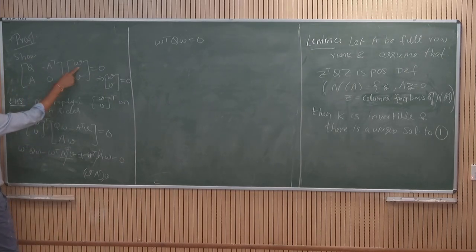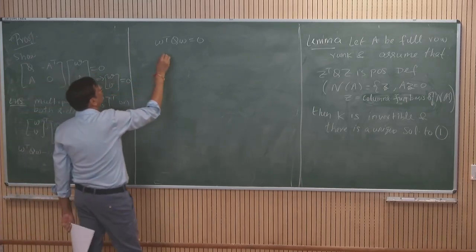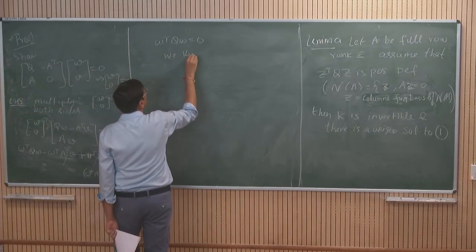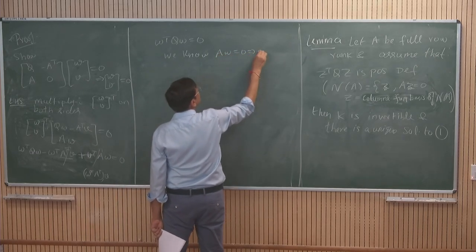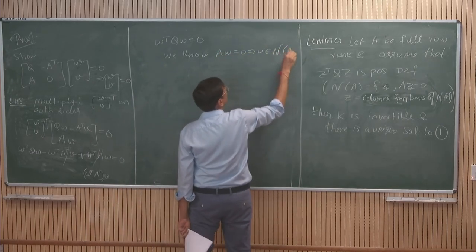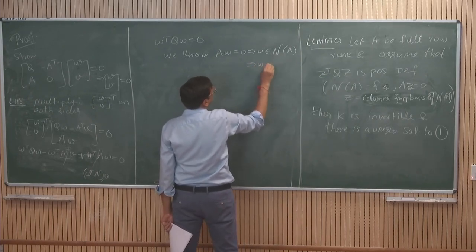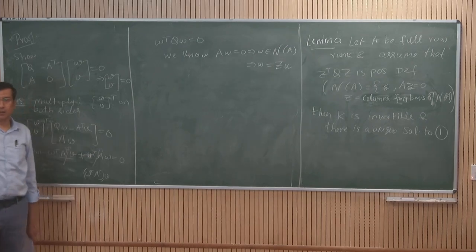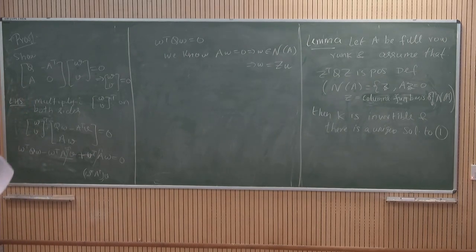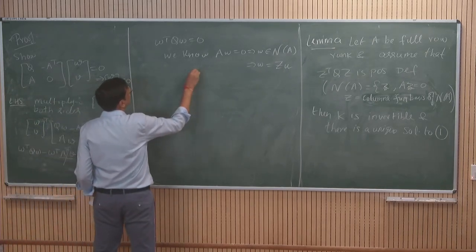So if you look at the first equation here, we know A times W is equal to 0, which implies W belongs to the null space of A, which implies that W can be written as some Z times U. Z is the matrix whose columns are forming the basis of null space of A. So we are taking the linear combination of that and writing W. Correct? Everybody with me? So we'll substitute this into this.